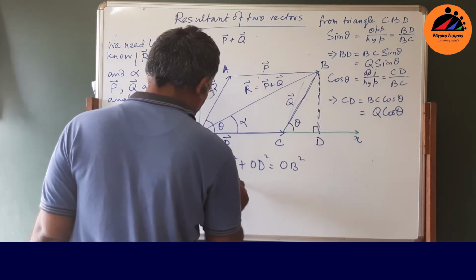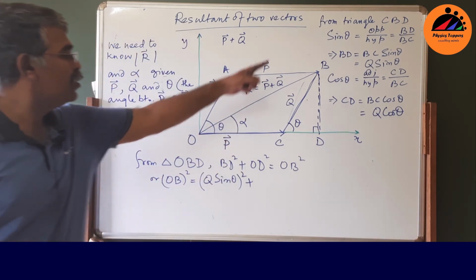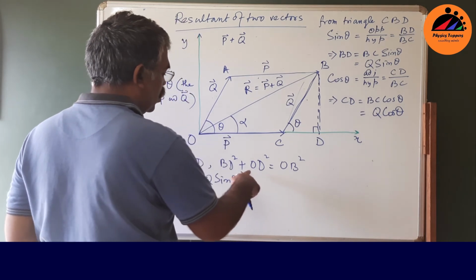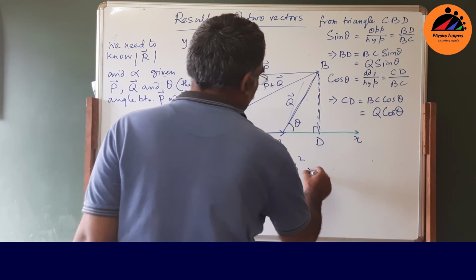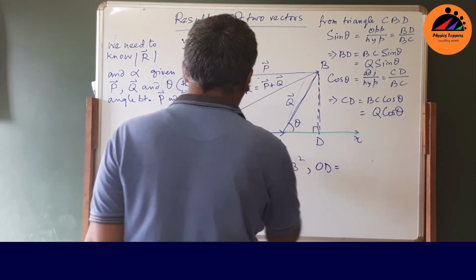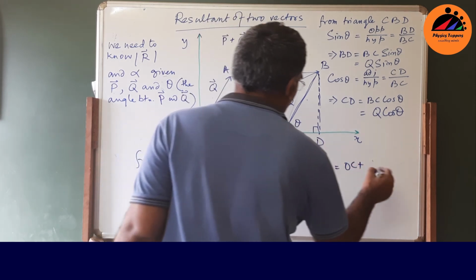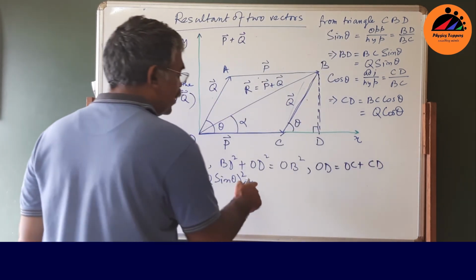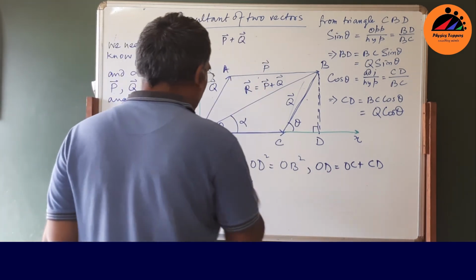So OB square is Q sine theta whole square plus OD square. What is OD square? OD is equal to OC plus CD. What is OC?